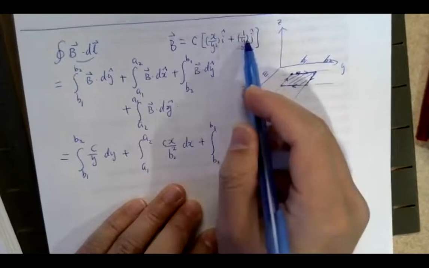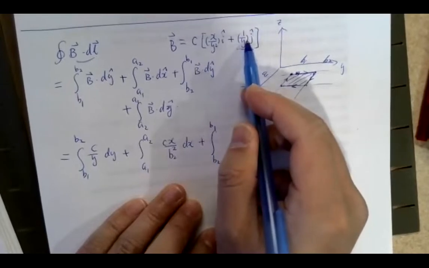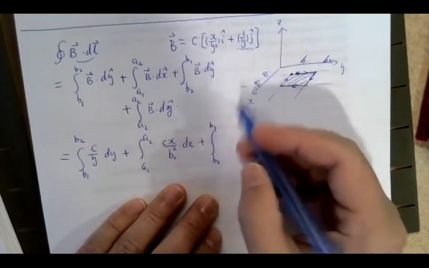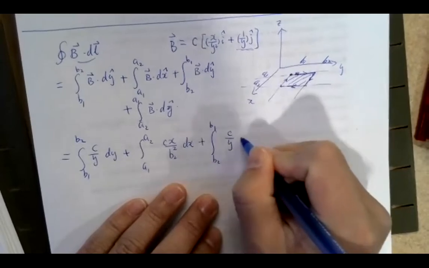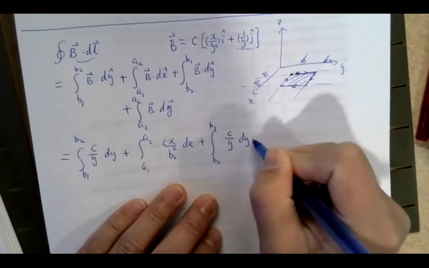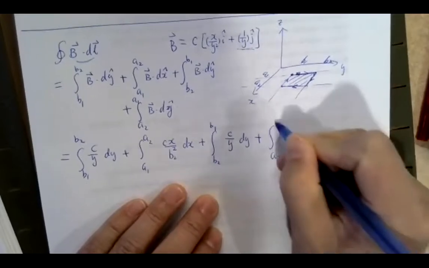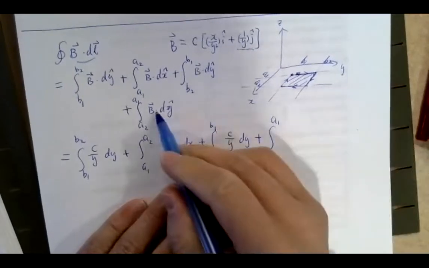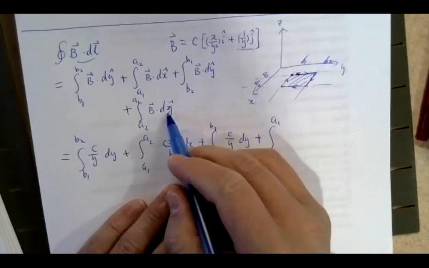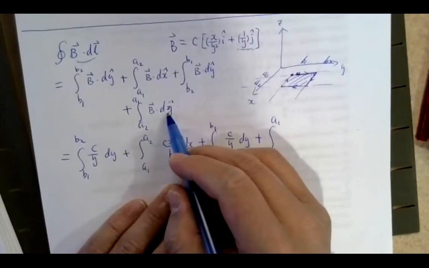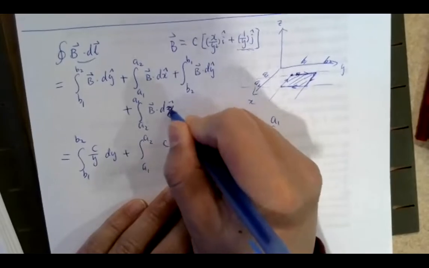So again, I will take the second term there. So this is again C over Y dy plus the last one from A2 to A1. B field dot dy. I think a d dot dx. Sorry. So the last one should be dot dx.